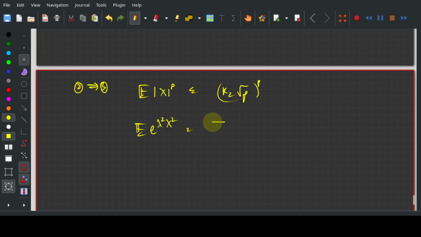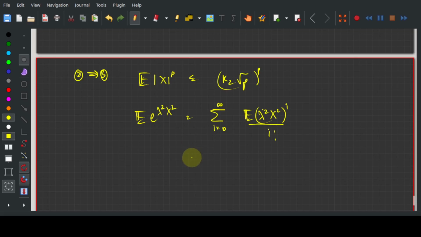So this is summation i equal to 0 to infinity, expected value of lambda square x square whole to the i divided by i factorial. Correct? Okay, but this is just summation i equal to 0 to infinity lambda to the 2i expected value of x to the 2i divided by i factorial.